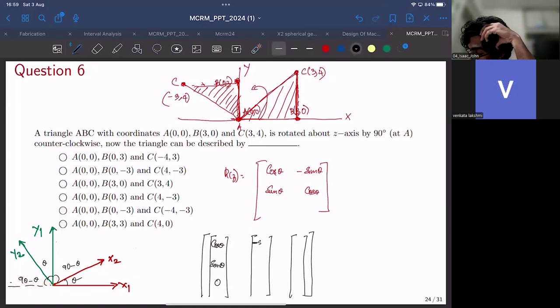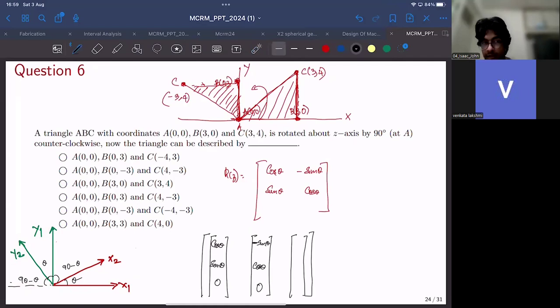Now the projection of y2 on y1: this is theta, so it would be cos theta. And the projection of y2 on z1: z1 is out of plane, so that will be 0.